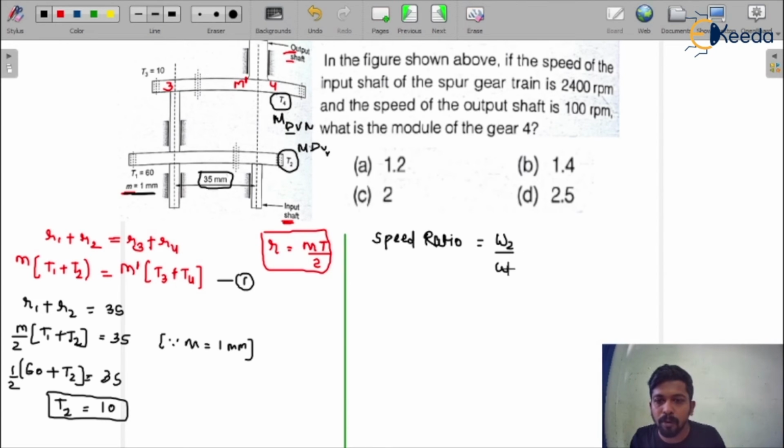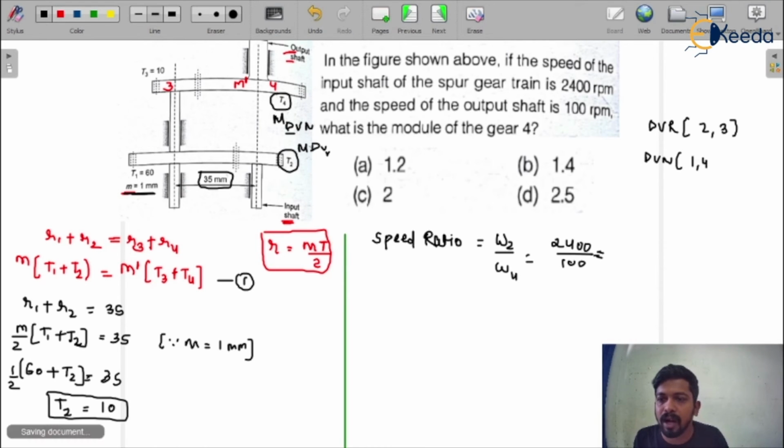So omega 2 upon omega 4, that is input shaft 2400 upon 100, would be equal to the product of the number of teeth on the driven upon the product of the number of teeth on the driver. Remember one thing, this would be driver and this would be driven. What are the drivers in the diagram? You can tell me. 2 and 3 are the drivers, and 1 and 4 are driven.